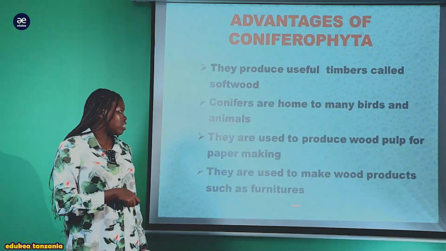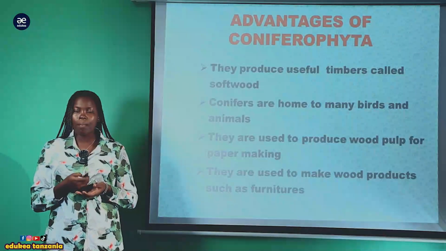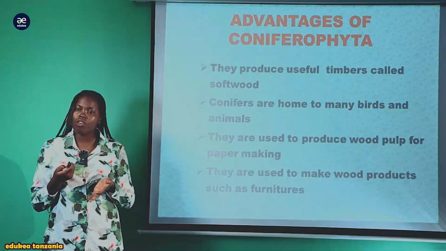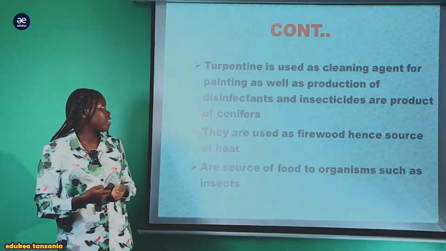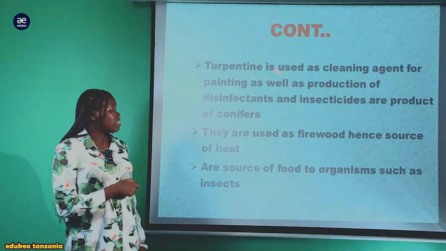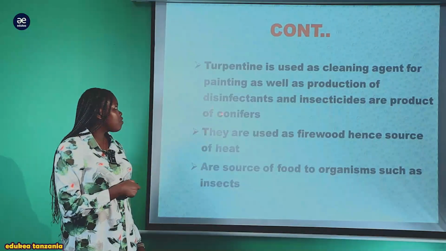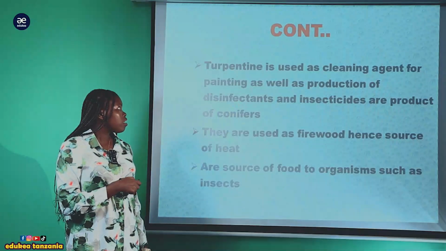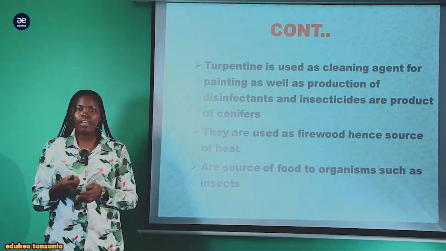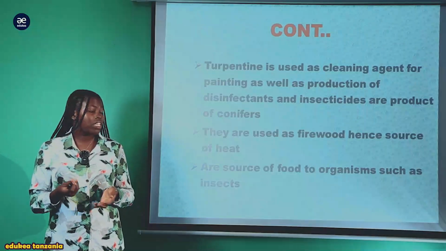vile the turpentine is used as cleaning agent for painting as well as production of disinfectant and insecticide as product of conifer. This is one of the latex which is found in the conifer. So this turpentine is one of the latex released from the conifers ambayo tumeweka katika cleaning agent, vile vile katika painting kutengeneza rangi, vile vile ni katika production ya disinfectant.